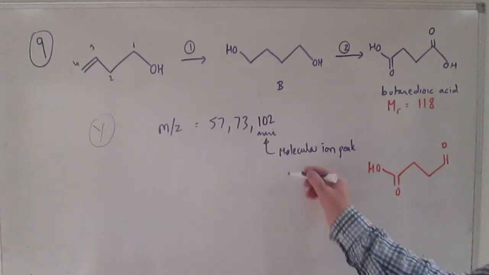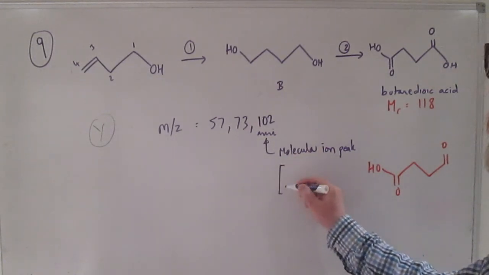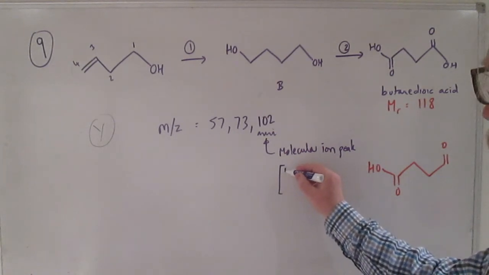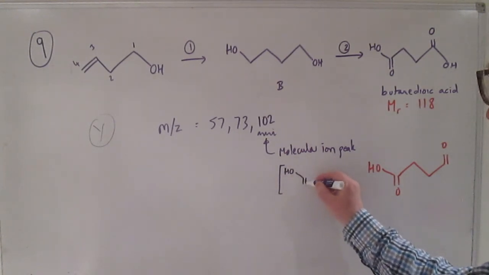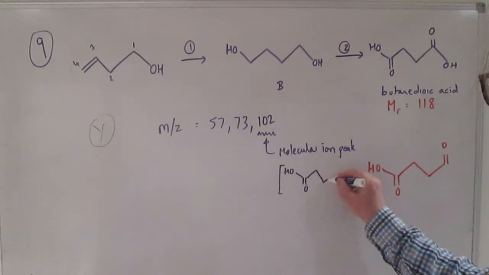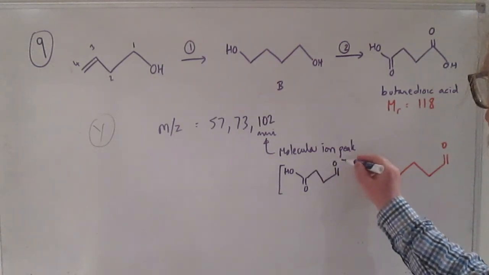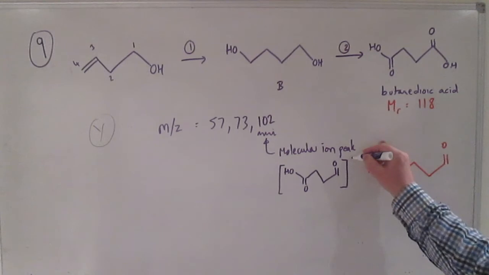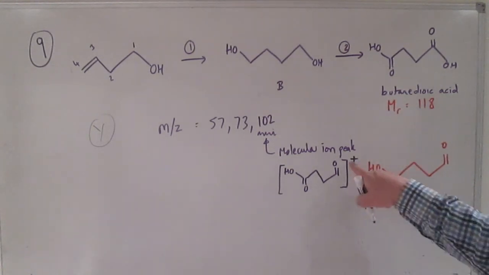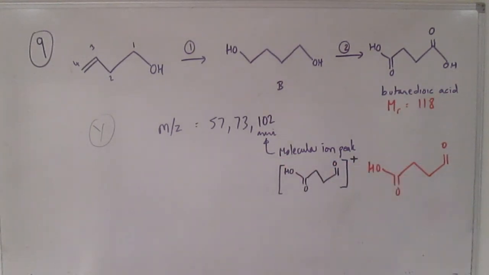So this one, the molecular ion peak, we could write like this, just to spell it out. That's the molecular structure, but we just put a bracket around it and put the positive charge outside, so that's what the mass spectrometer actually detects.